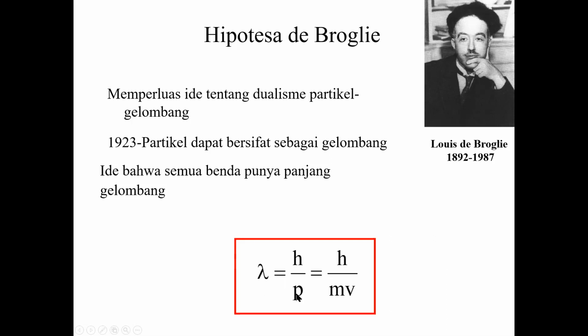If p is the photon momentum, then lambda is just the wavelength. But if p is the momentum of a massive particle, then lambda is the de Broglie wavelength. So this is the formula. It's very simple.